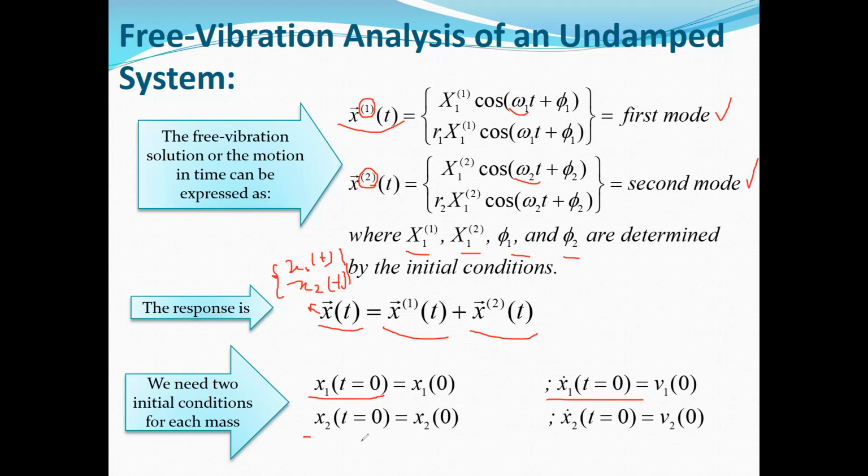And also we need x2 at t equal to 0, and also the velocity of x2, or x2 dot, at t equal to 0. So we can use these initial conditions to obtain the coefficients x1, phi1, x12 and phi2 to obtain the total response of the system. Of course, the total transient solution, or total homogeneous solution, of the system.